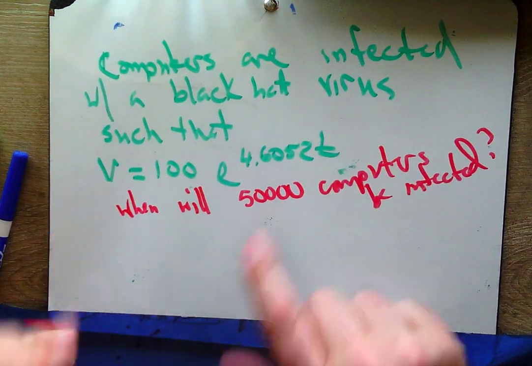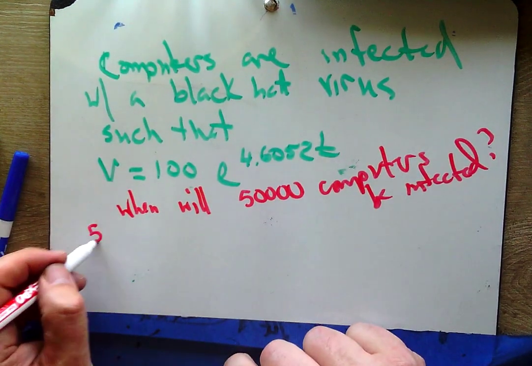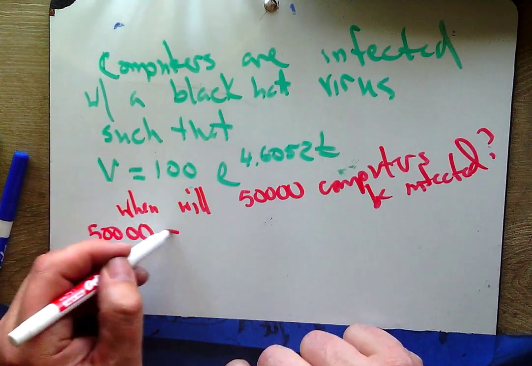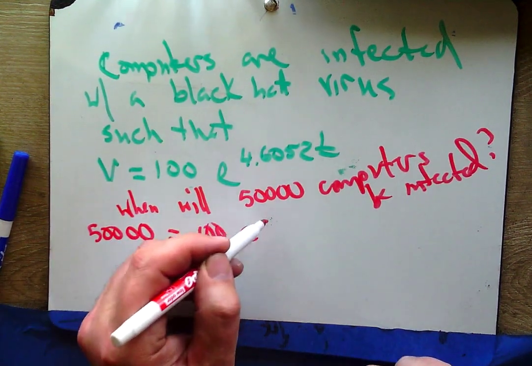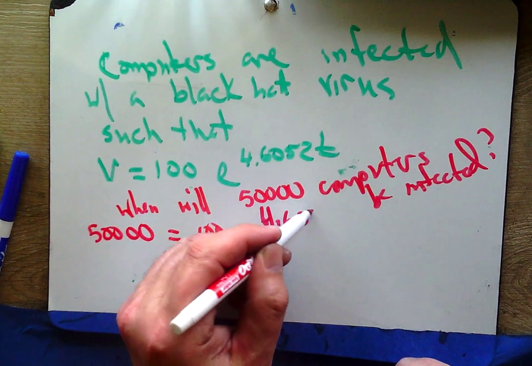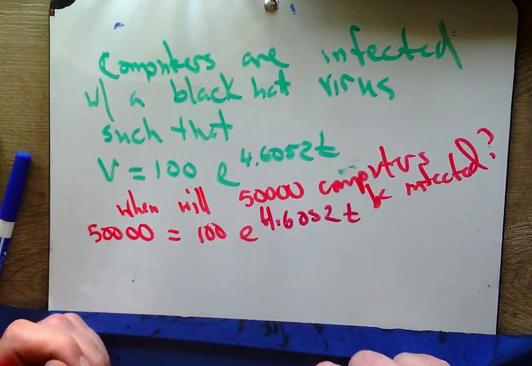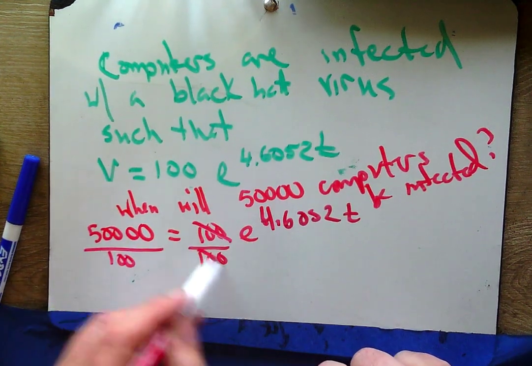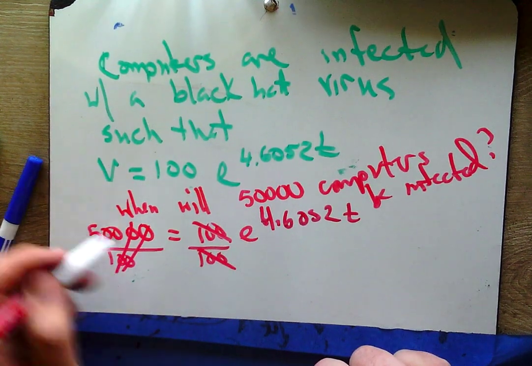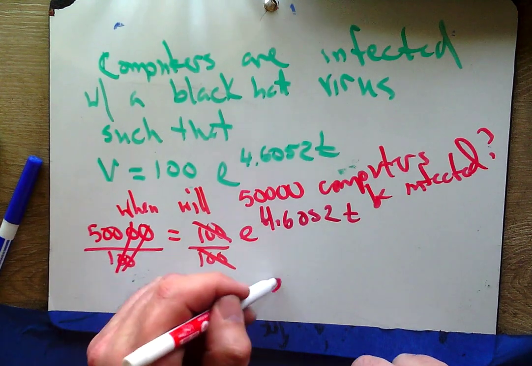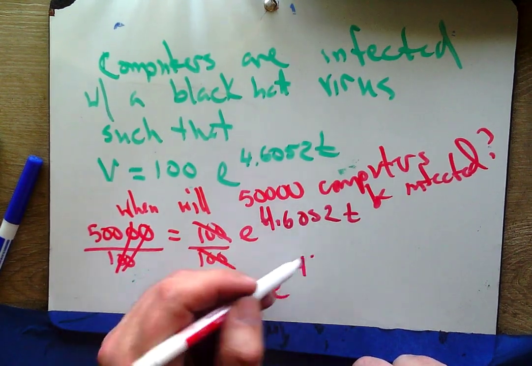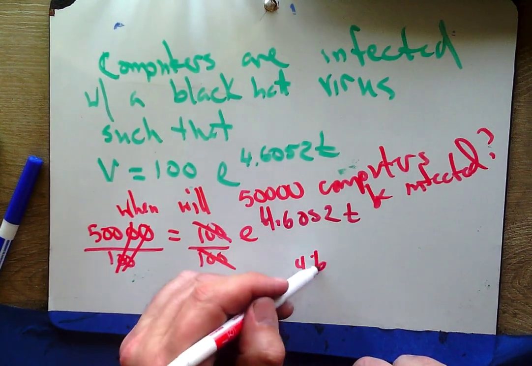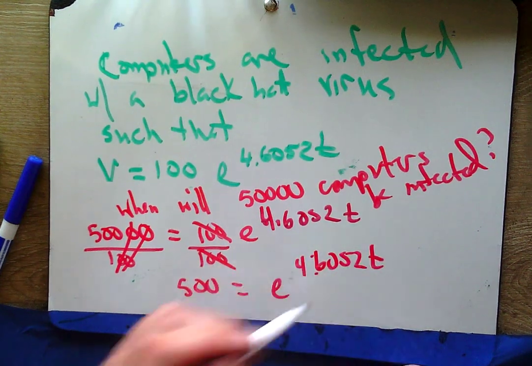Where do we put that number? Yeah, I agree. Over here is 100e to the 4.6052t. If I divide both sides by 100, I get 500 equals e to the 4.6052t.